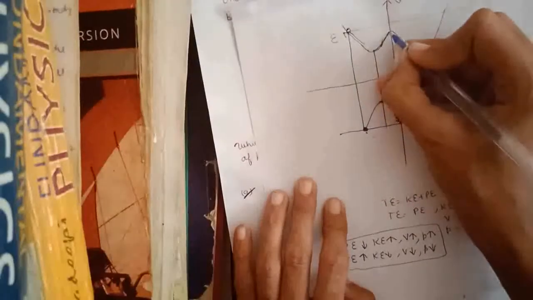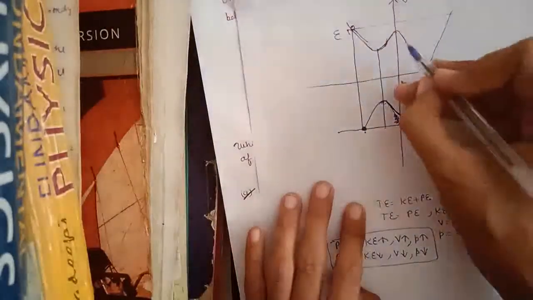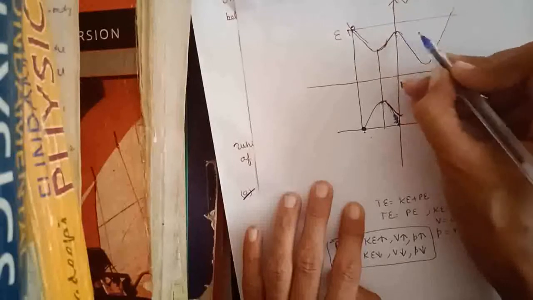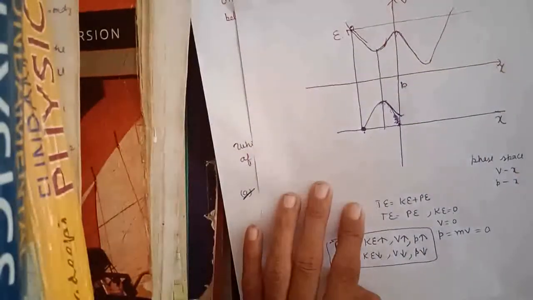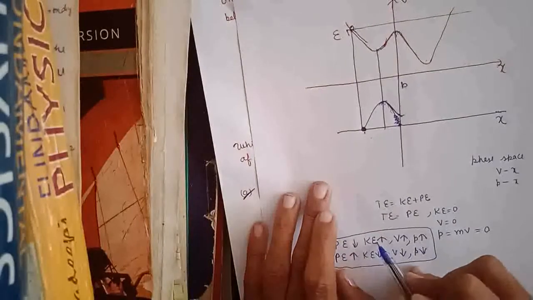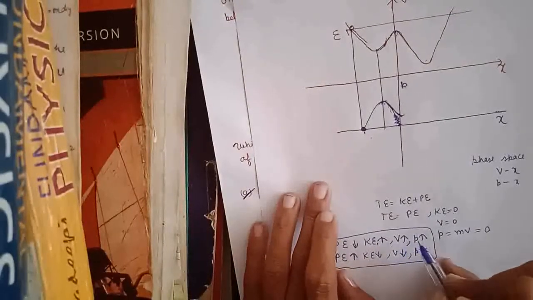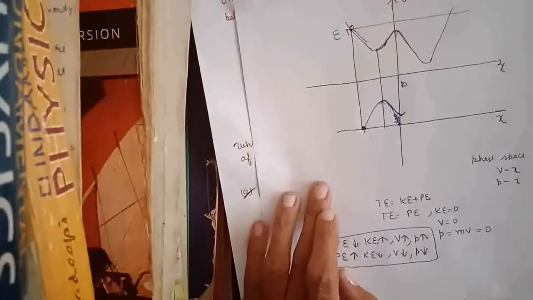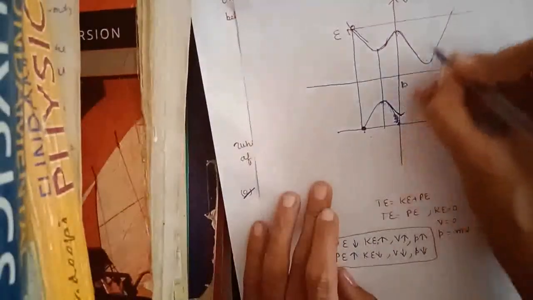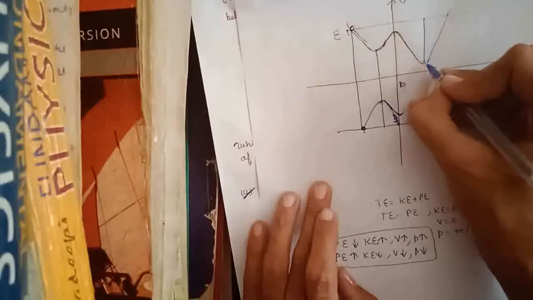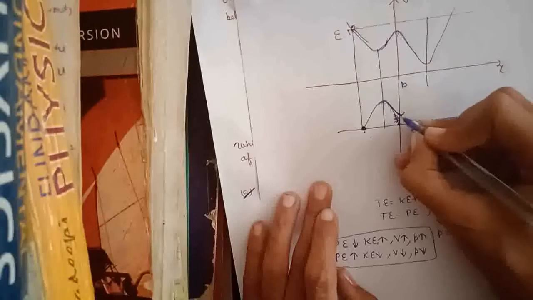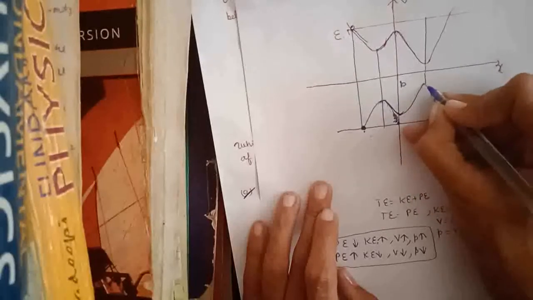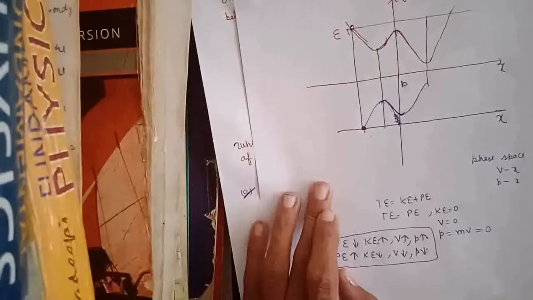Now from this point you can see that again the potential energy is decreasing. If the potential energy decreases, kinetic energy increases, velocity increases, and momentum will increase up to this point.